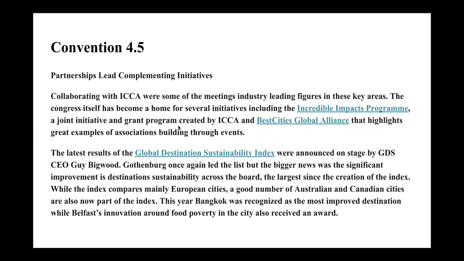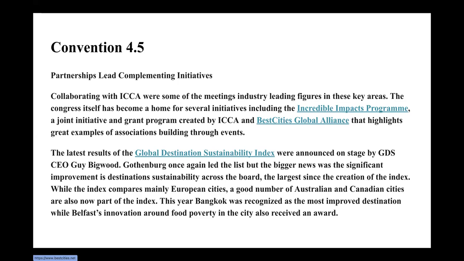All right, this one is about partnership and collaboration complementing initiatives. Basically, collaboration mainly focuses on ICCA. And also the way that we have to understand it. Initiatives, for example, include the Incredible Impact Program, Joining Initiative, a grant program created by ICCA, Best City Global Ally, or other examples of associations collaborating with each other.